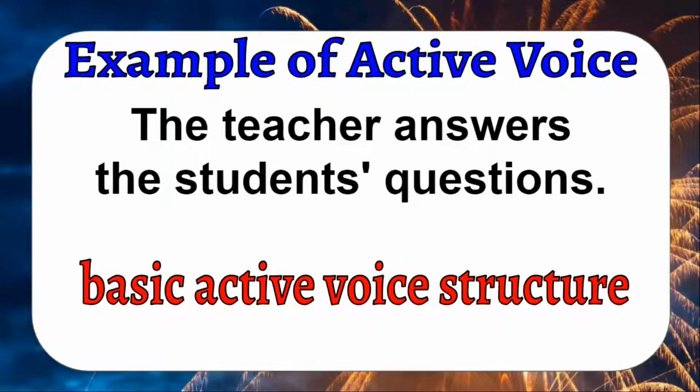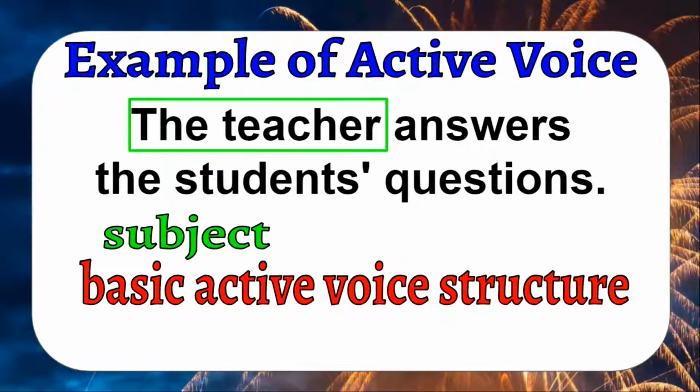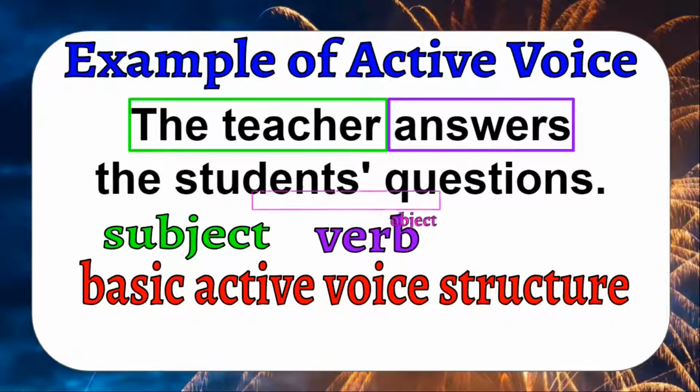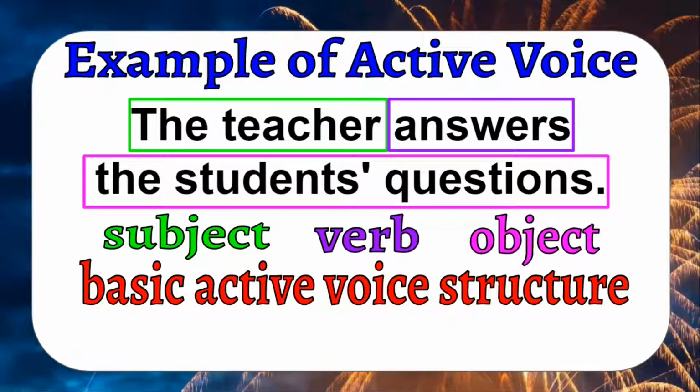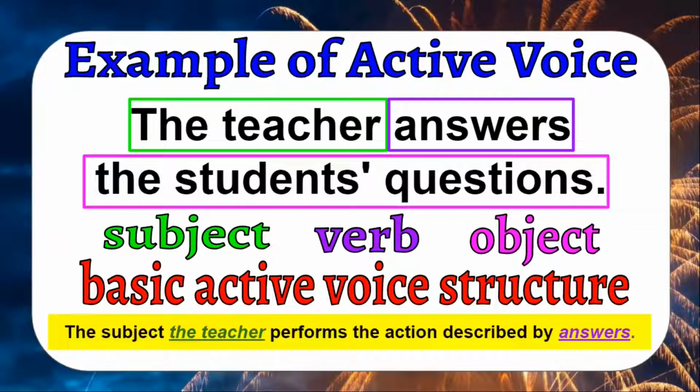The basic active voice structure is subject, verb, and object. In this sentence, the subject is the teacher. The verb is answers. The object is the students' questions. The subject, the teacher, performs the action described by answers.